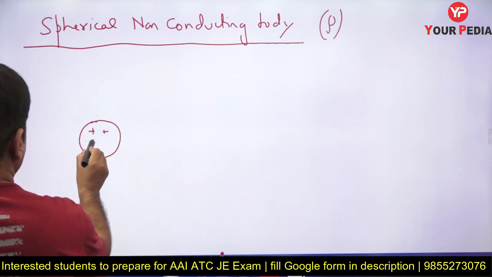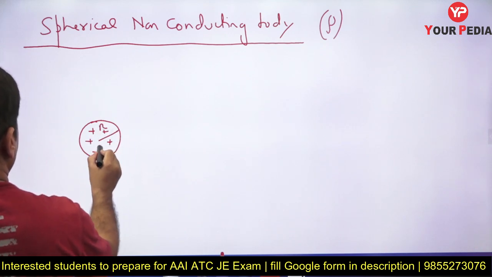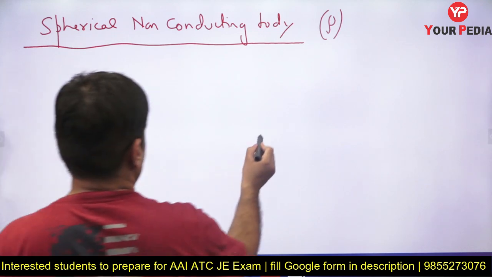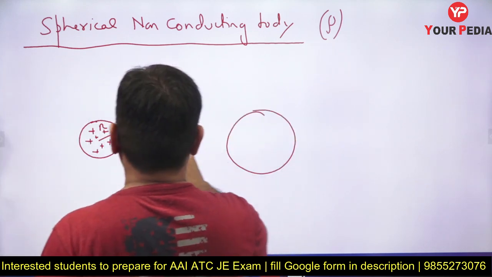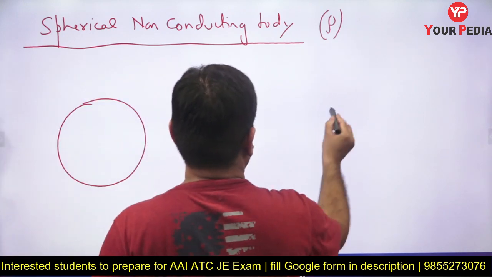Let us say there is a spherical shaped body of radius r, and charge is uniformly distributed. So let me make a little bigger diagram. I am giving you this.